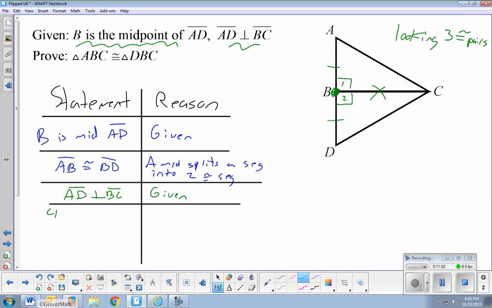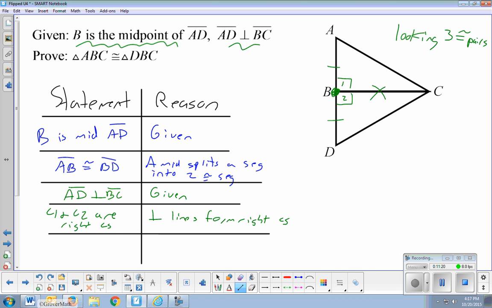We have to say that angle 1 and angle 2 are right angles because perpendicular lines form right angles. And then we could say they're congruent. So when it's perpendicular, you can't jump right to that angle is congruent to that angle. You have to first say they're right angles, and that's why they are congruent, because all right angles are congruent.